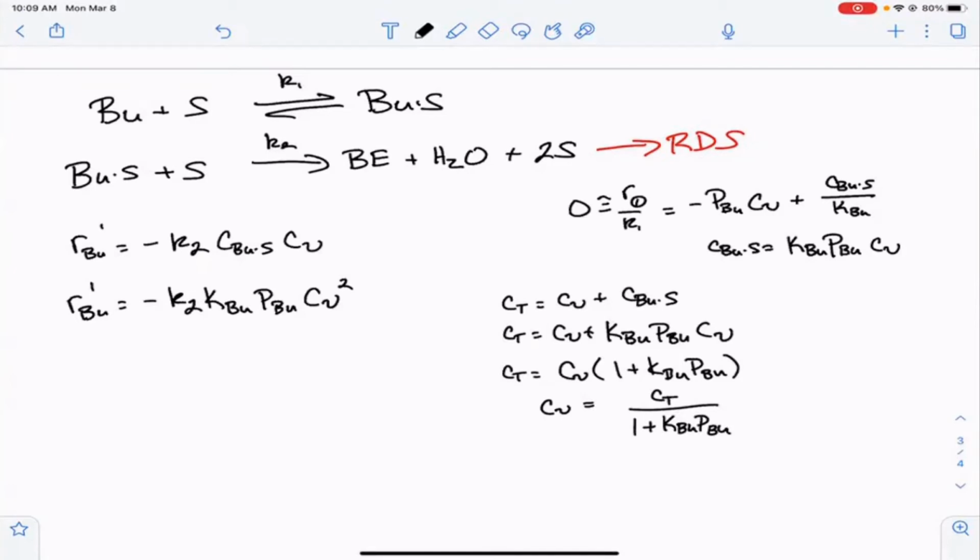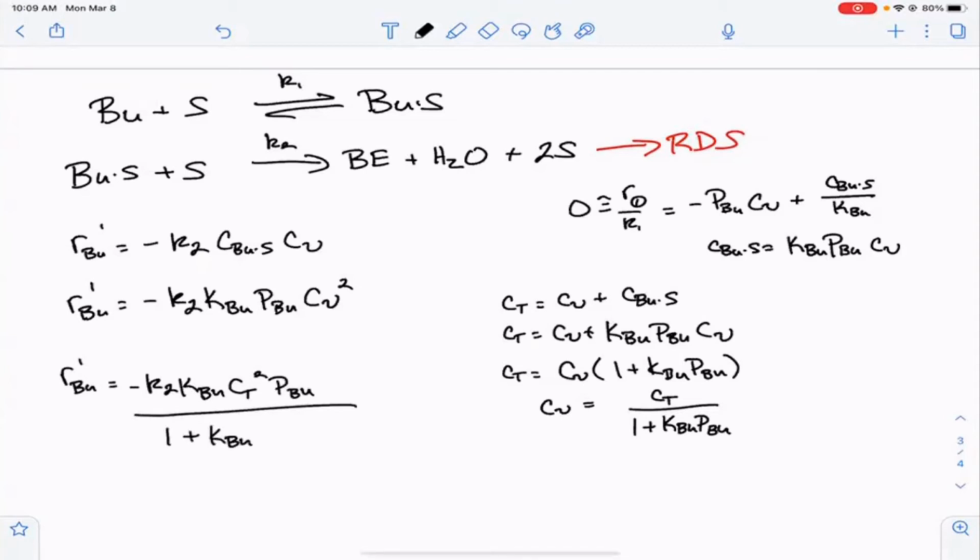And so let's plug this in. R_Bu prime is then minus K2 times KBu times Ct squared times PBu divided by 1 plus KBu PBu, squared.